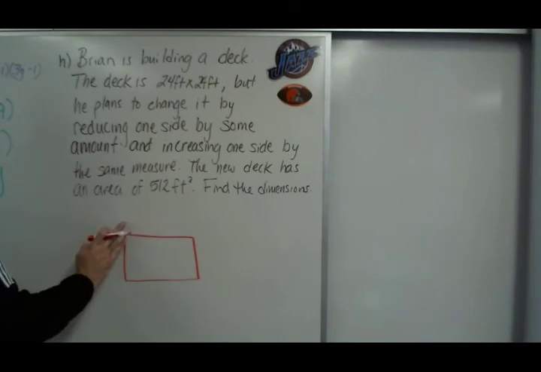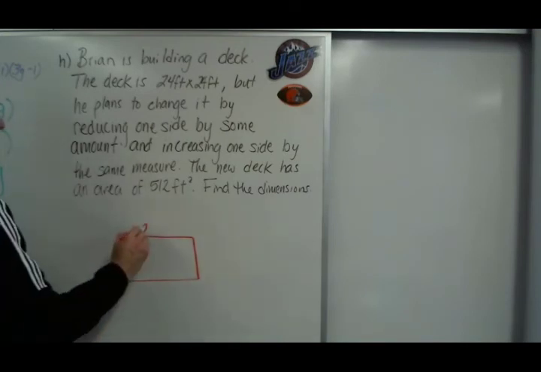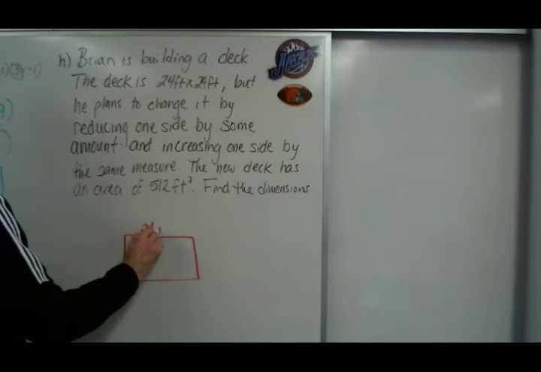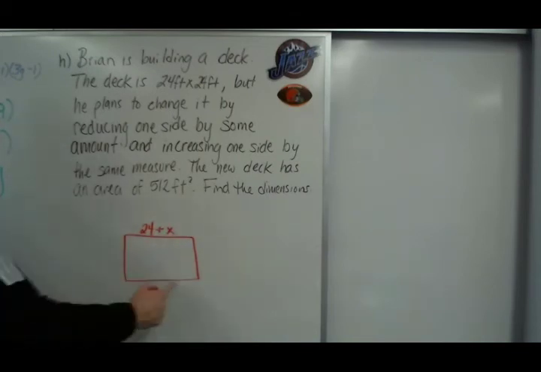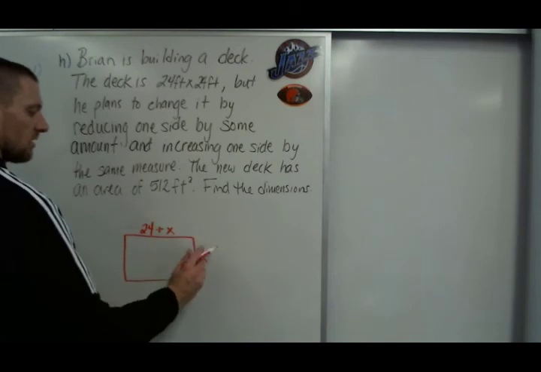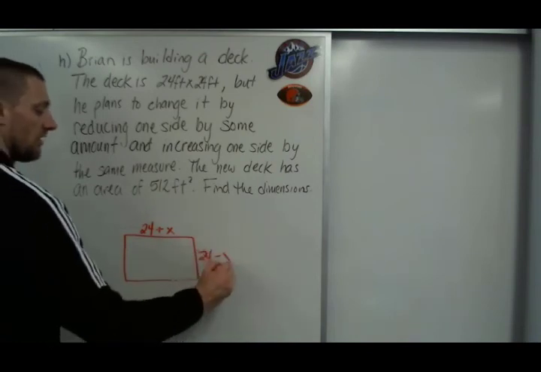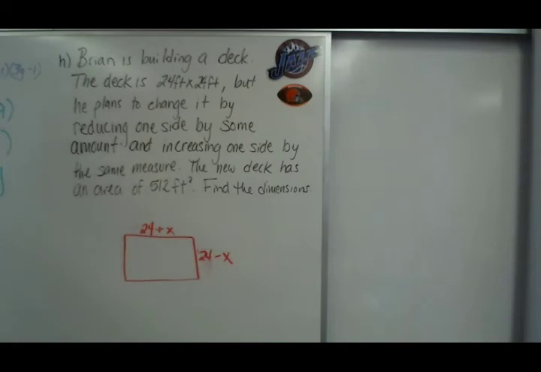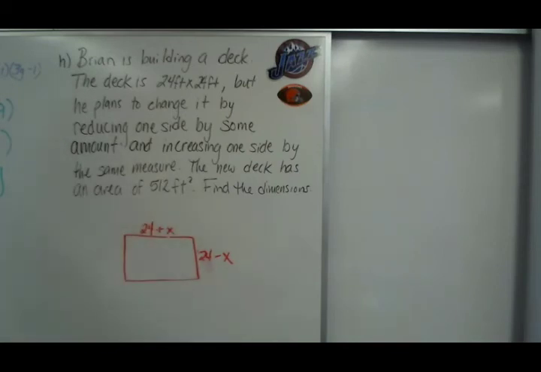Well, my original sides were 24 and 24. So what I've done here is I've taken this 24 and added some unknown amount, then I've taken my 24 here and subtracted some unknown amount. So I cut it off on one side and added it on the other.